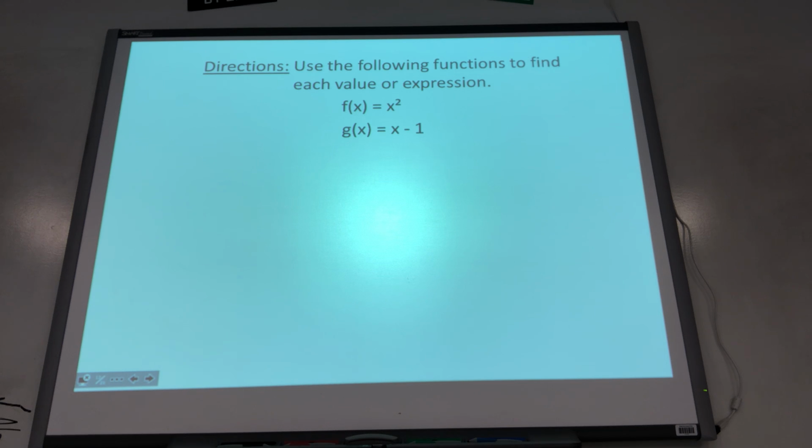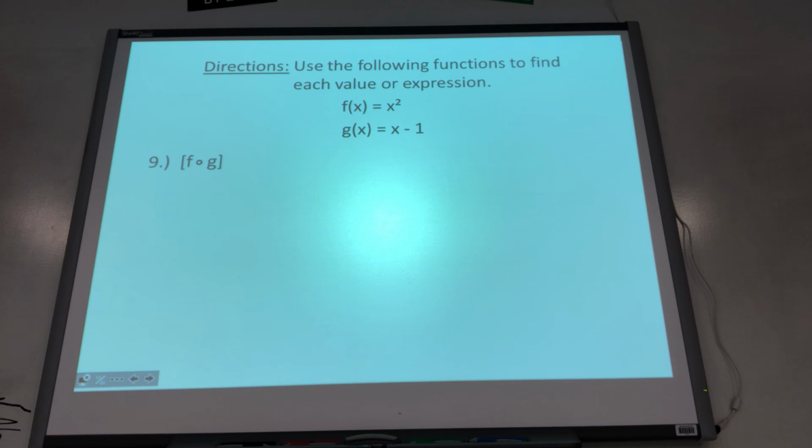And f of x is x squared. G of x is x minus 1. So we'll use both of those for the next few problems.